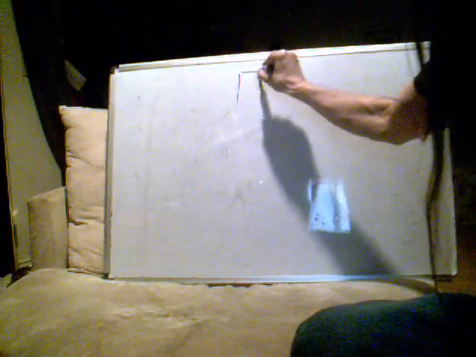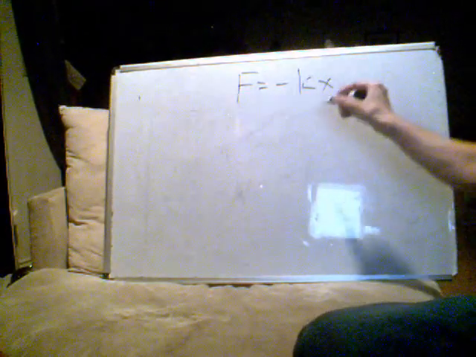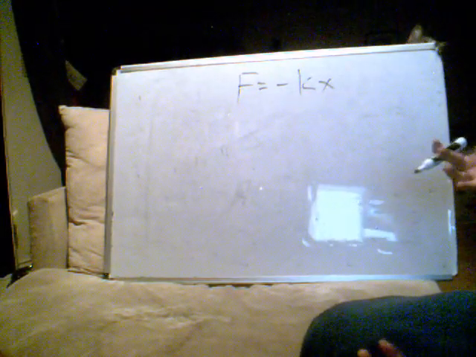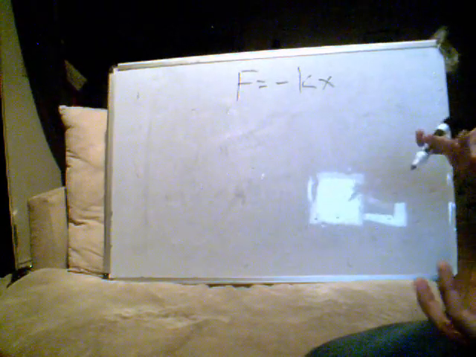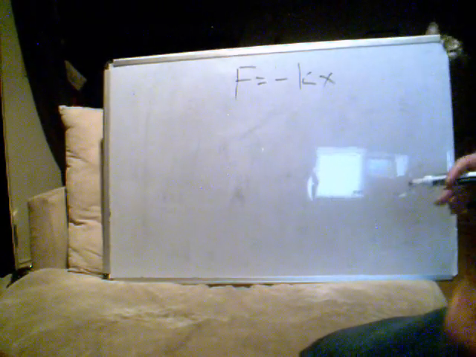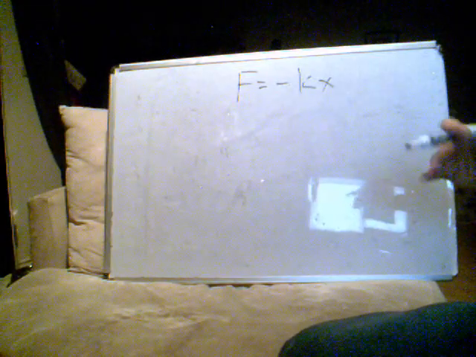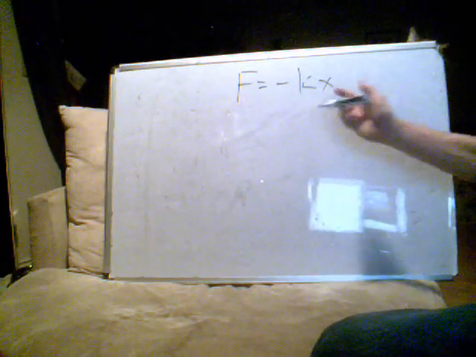Okay, let's talk a little about Hooke's law, shall we? Hooke's law says this: the force in a spring is minus kx, where k is this thing we call the spring constant, or the measurement of the overall strength of the spring, and x is the displacement from equilibrium. Now, there are 3 components to this equation.